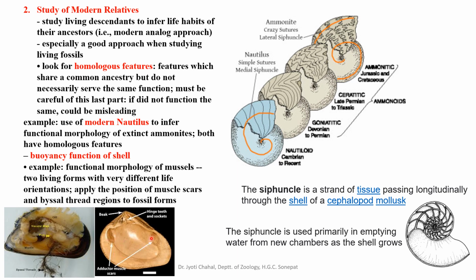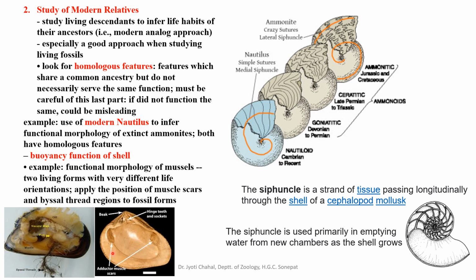So these are muscle scars, and these play a very important role in the classification of different species of mussels. Their position also correlates them with their ancestors, so that will also help in determining the functional morphology. These two structures, these basal threads and these muscle scars.